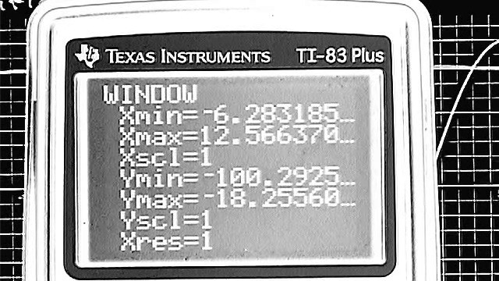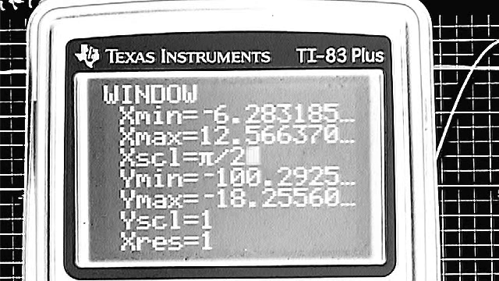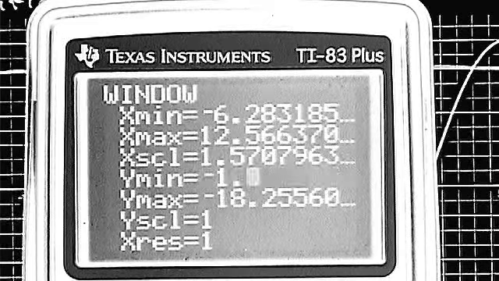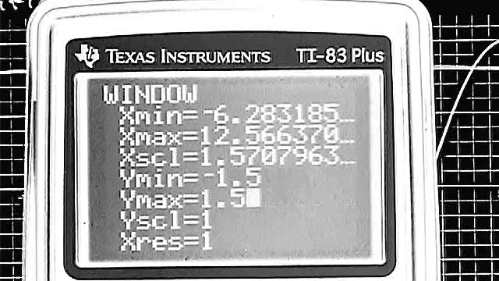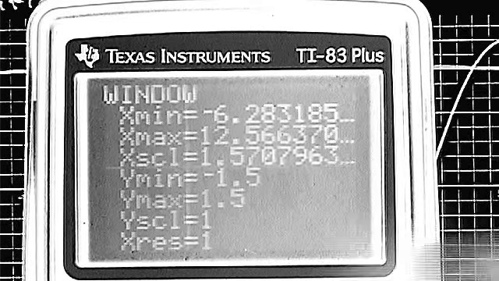And we can go in increments of pi over 2 for the x scale. And for the y scale, I'm going to say -1.5 to 1.5. That'll give us just a little bit of room to view what's going on here.